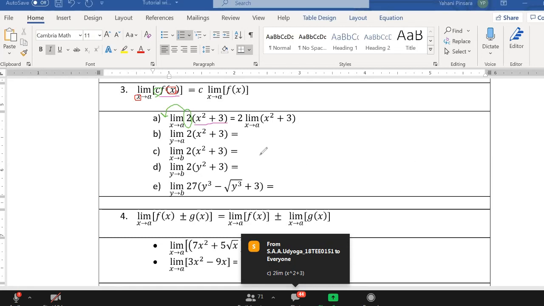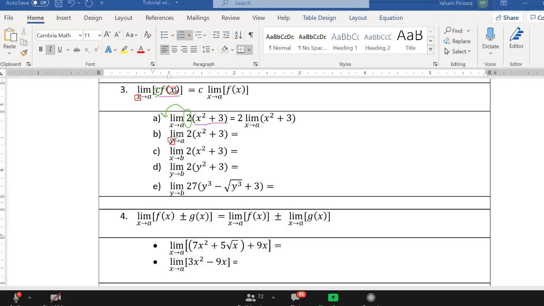Okay. So here, can you see in this function? In part B, the variable is y, right? So firstly you have to find whether you can apply this theory or not.